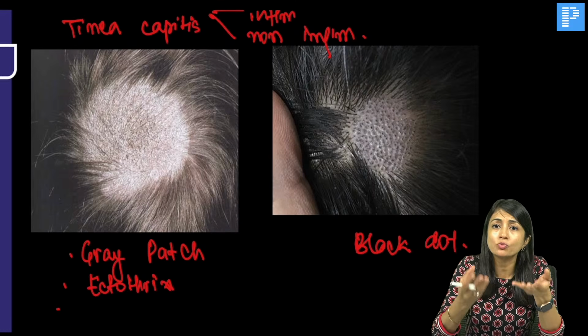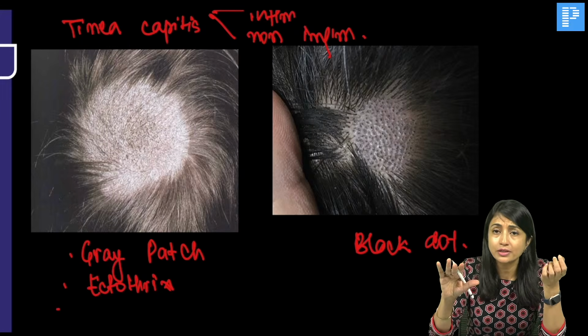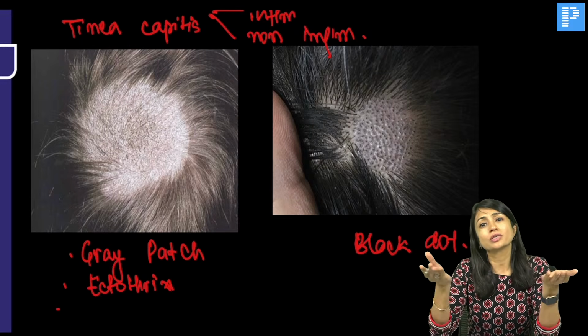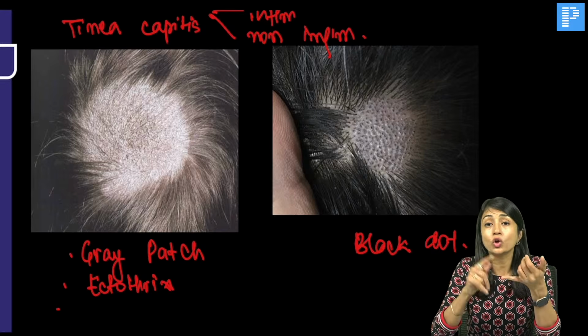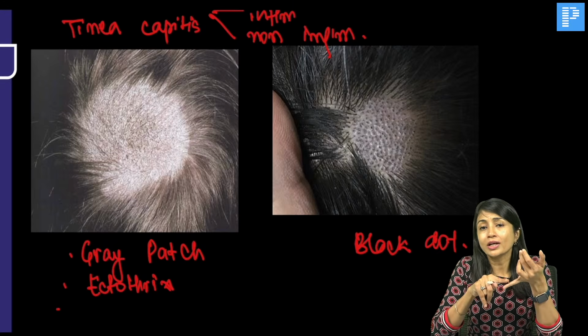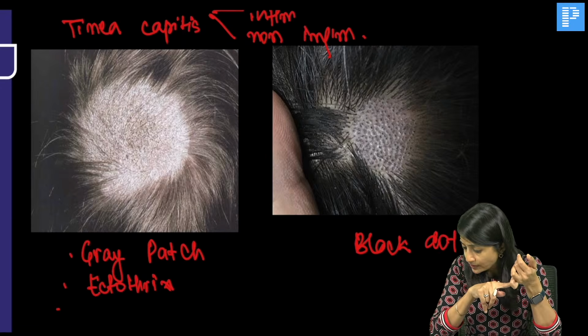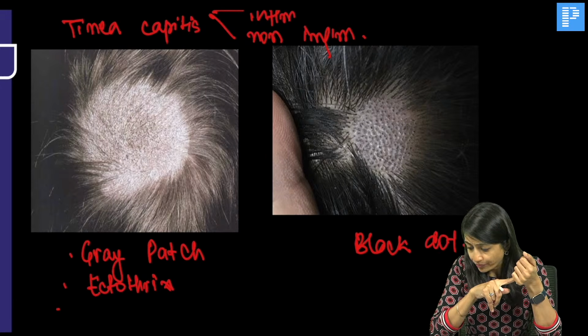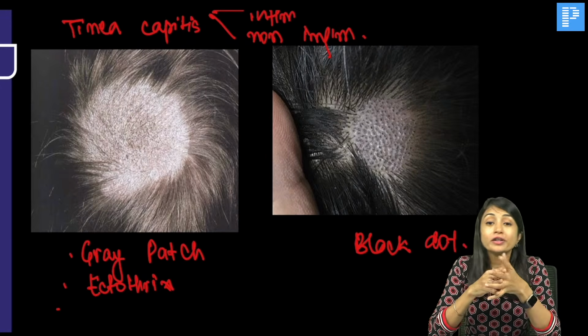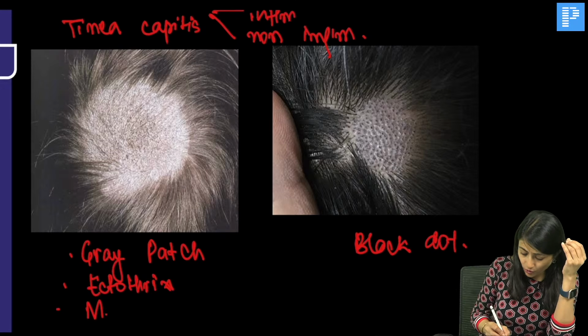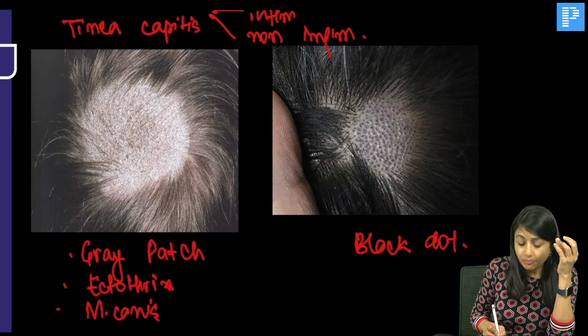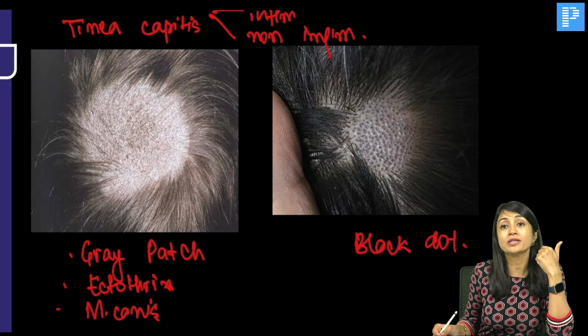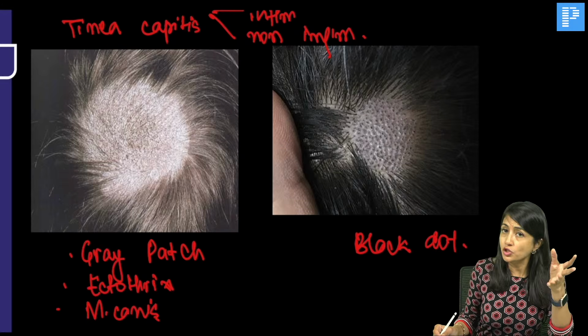So, grey patch because you can see grey scales on the surface. What is the organism which causes grey patch? Very good, you have already given me the answer. Yes, it's Microsporum canis, and because there are scales on the surface, it is responsible for outbreaks in schools.